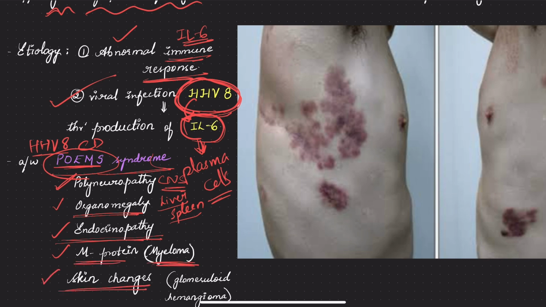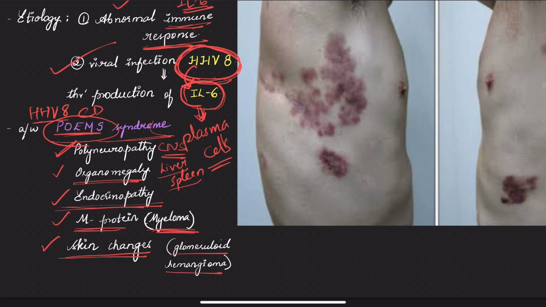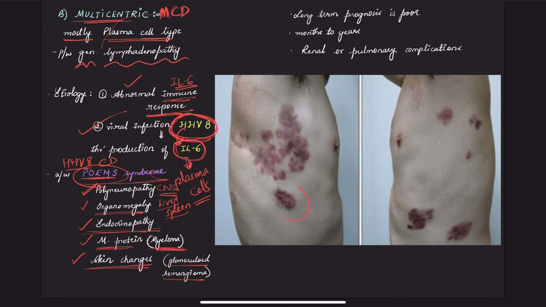The patient presents with cutaneous manifestations like glomeruloid hemangioma. So this shows you the skin manifestations in multicentric Castleman disease.